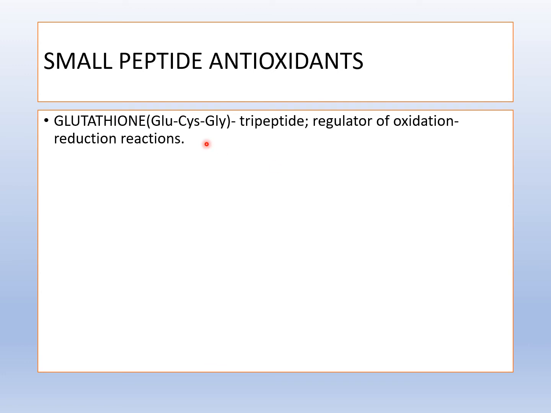We have an antioxidant peptide, glutathione, which you can basically find in your beauty products, in your soap, in your lotion, in the tablets that you are taking, whitening tablets that you're taking.